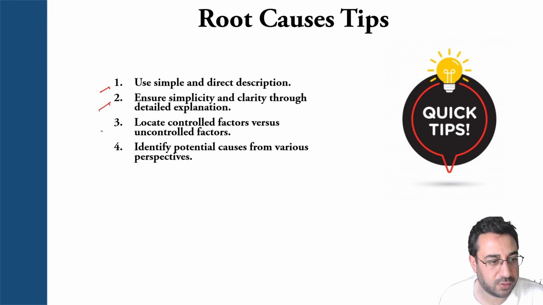Then you locate the controlled factors versus the noise or the uncontrolled factors. And eventually you identify the potential causes from various perspectives. In this case, you're looking at the environment that the product is in. How does this part interact with neighboring parts? How does this part handle certain physical parameters or certain sequences of testing to validate that product? In this way, your root cause analysis will be as straightforward and as efficient as possible.